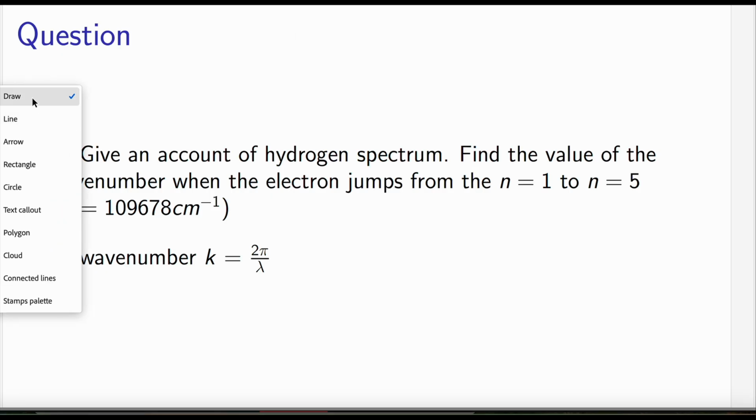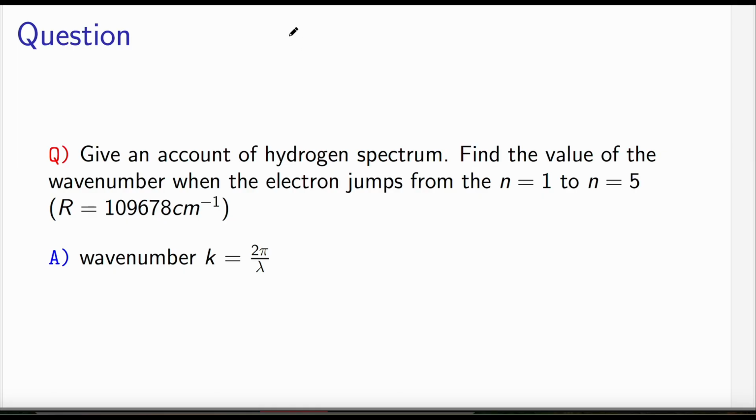And the topic is, we are doing atomic structure, periodic table, and chemical bonding.